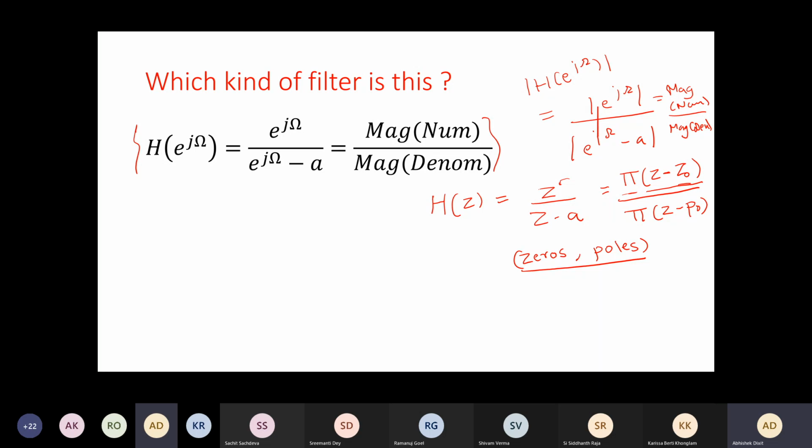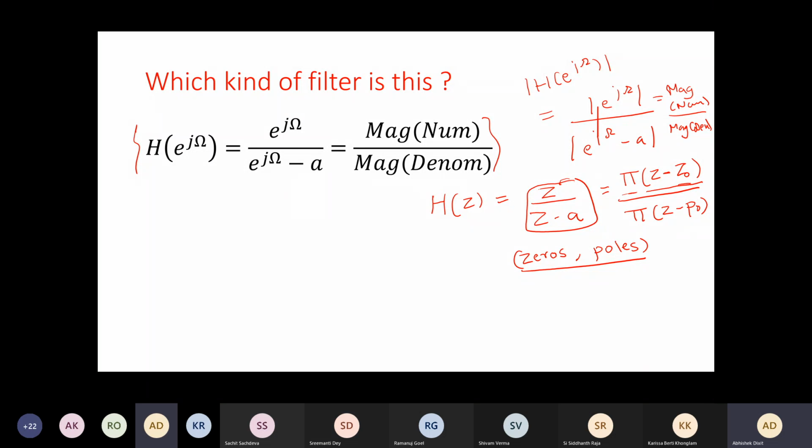The roots of the numerator are known as zeros and the roots of the denominator are known as the poles. So if I look at this expression, where are the roots of the numerator?